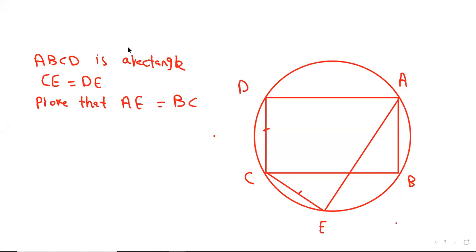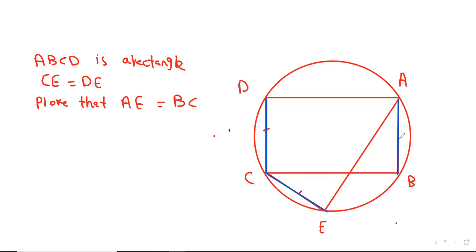Because this shape is a rectangle, each two opposite sides are equal in length. So the length of AB equals the length of CD. And the length of CD is given equal to CE. So the three sides here are equal.